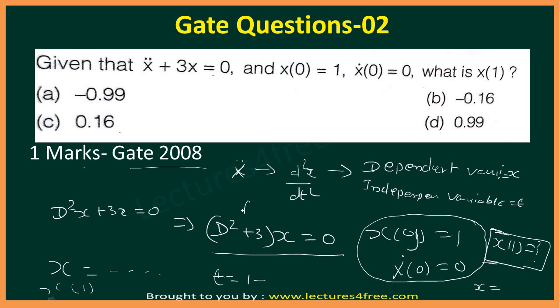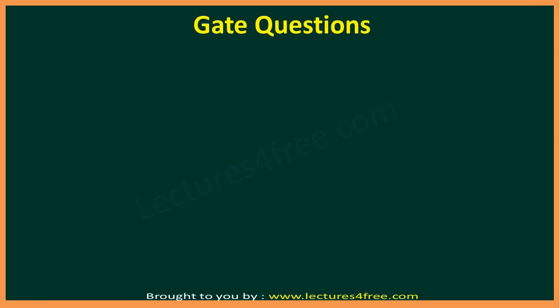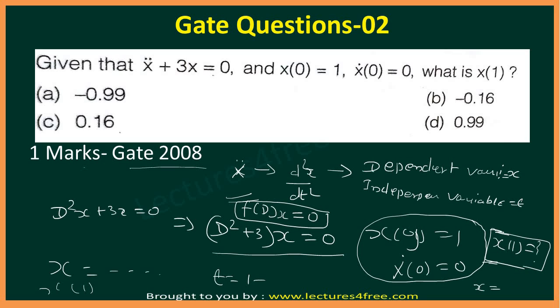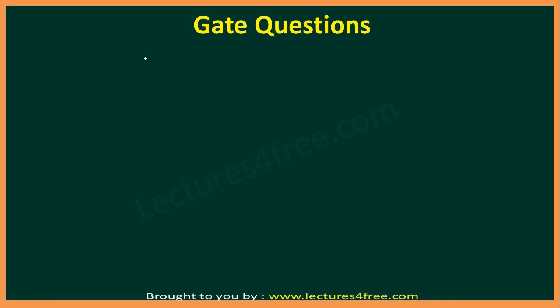Now this equation is f(D) x is equal to 0. To get the solution of this equation, the first step is to find the auxiliary equation. So what is our auxiliary equation? f(D) equal to 0. What is our f(D) here? D square plus 3. So let's put it 0: D square plus 3 is equal to 0. From here you will get the roots of the auxiliary equation, D square is equal to minus 3.